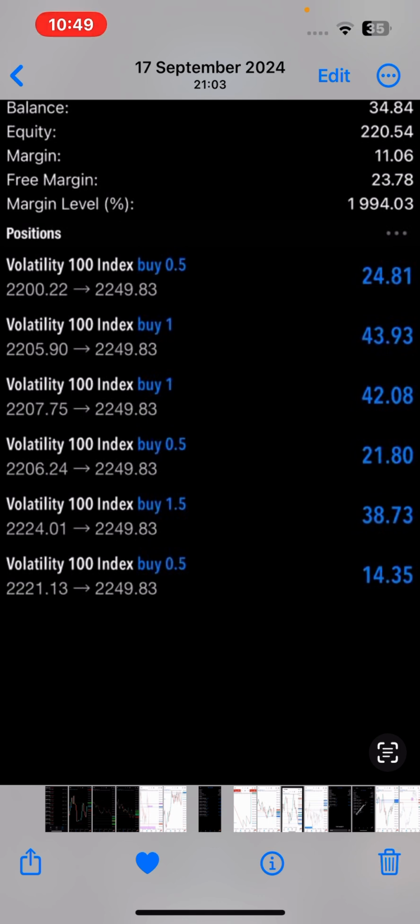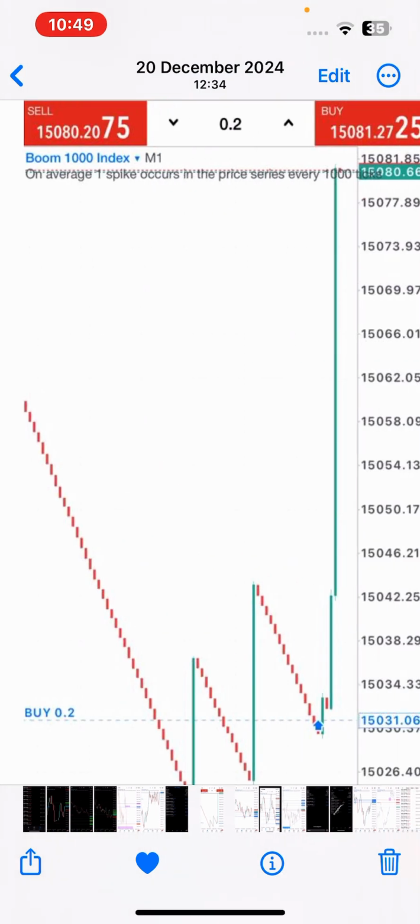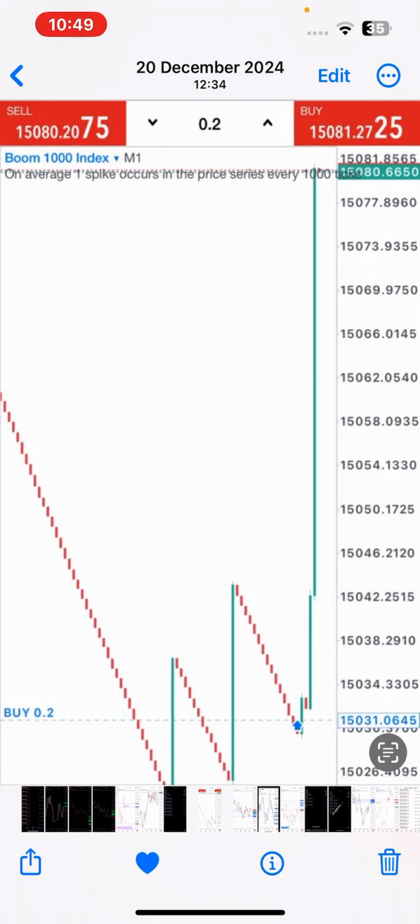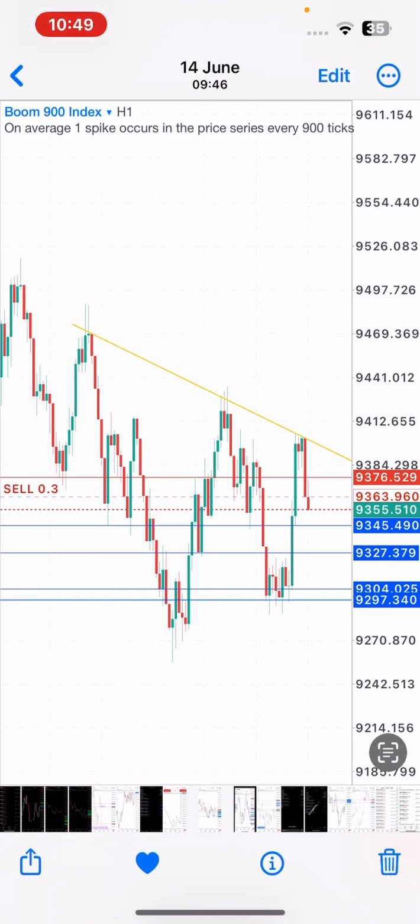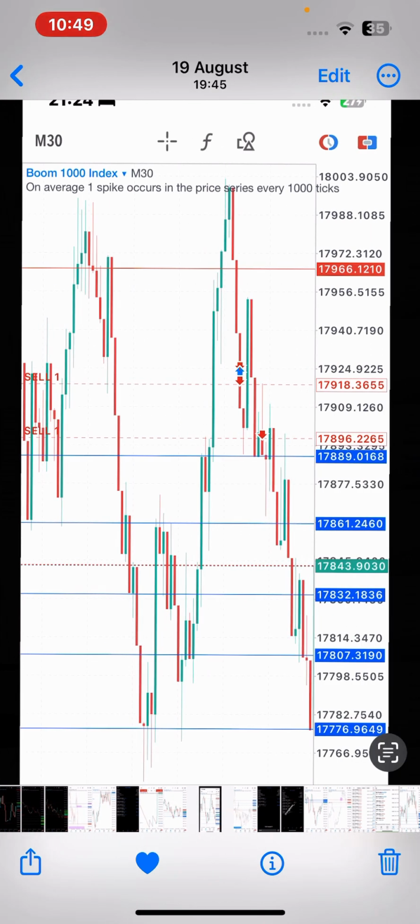Under index quotes, you have Boom and Crash indices, you have Volatility indices, and other indices. The same thing that applies for Boom and Crash applies for the rest of them. This was on the 1000 index. I trade more on Boom and Crash indices because it's very easy to understand and easy to profit from.